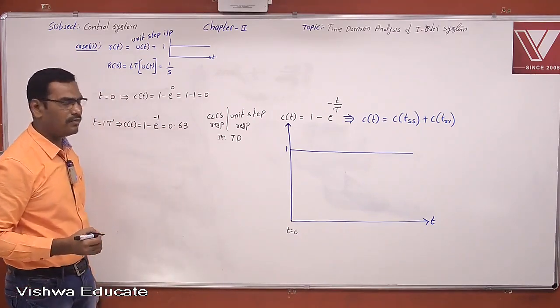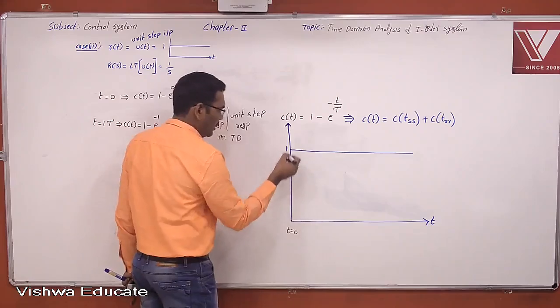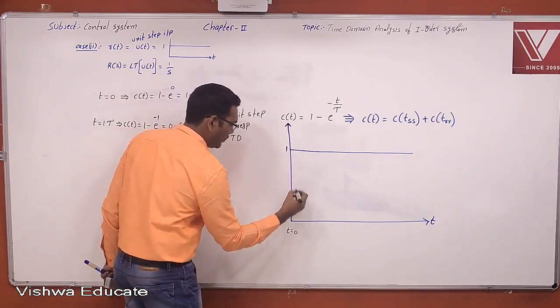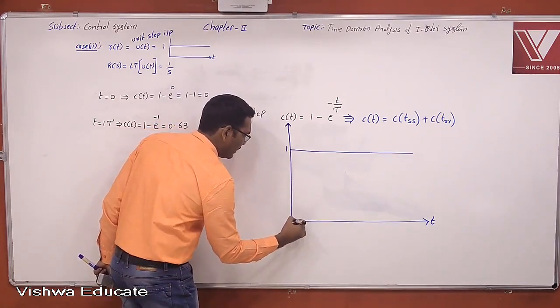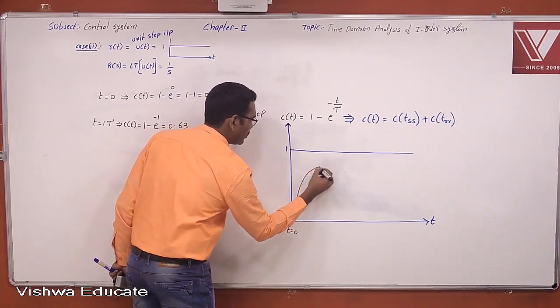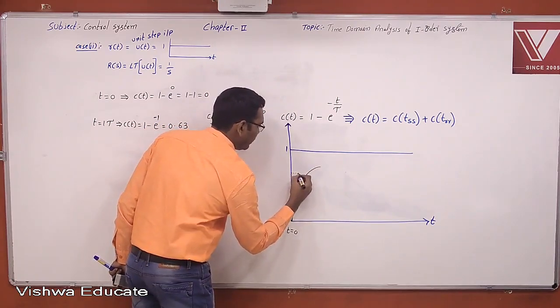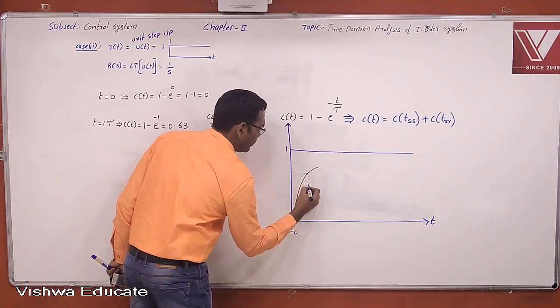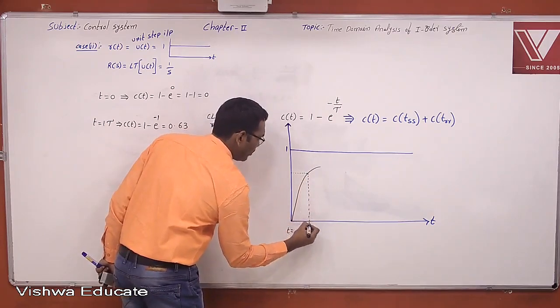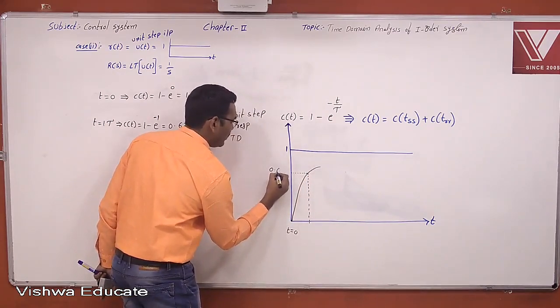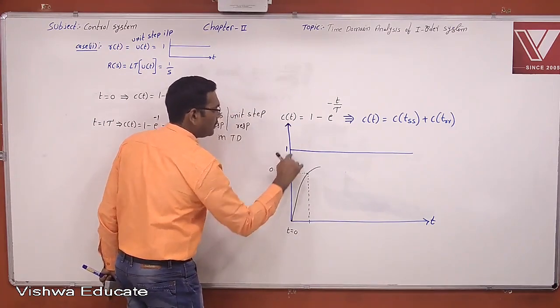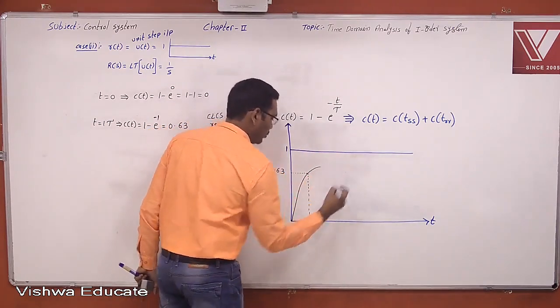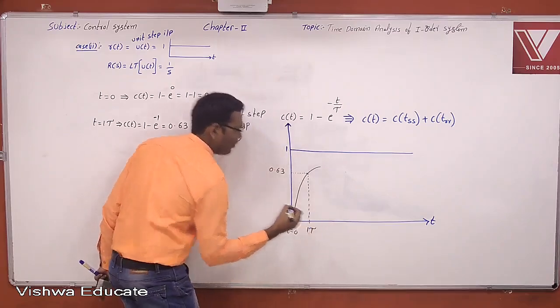Now what is the meaning of that? This is the rest position, this is the 100 position, this is the 50 position. Now the time taken by the response to reach 63% of final value is called one time constant.